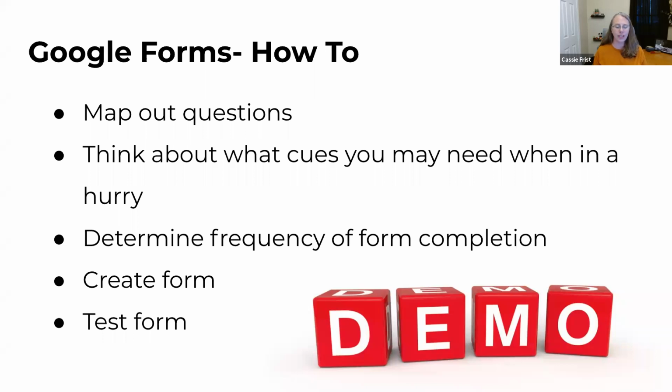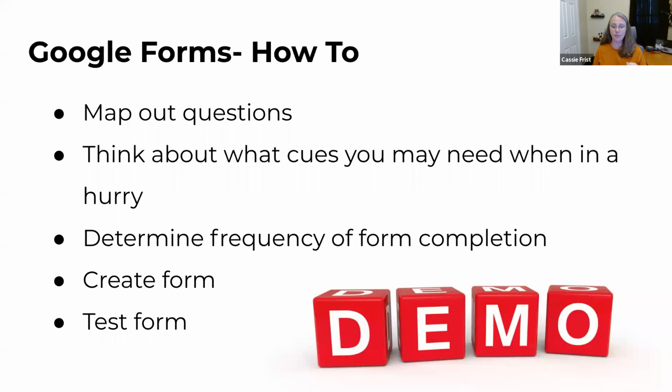So again, if we're looking at the goal for student A to be to class on time, right? So our goal is student A will arrive to class on time in 4 out of 5 instances. We can put that goal into a form, but most of our brains, when we're in a hurry, aren't going to look at that and figure out exactly how we're going to answer it. So student A will get to class 4 out of 5 times, right?